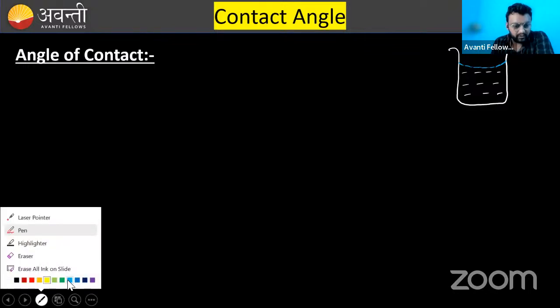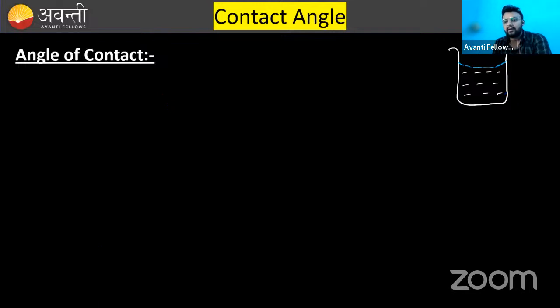First thing is clear to you. Second thing, remember this word, meniscus. The second thing that we will discuss here is: what is angle of contact? Now you can see that there are two surfaces, one is the liquid surface and one is the solid surface.